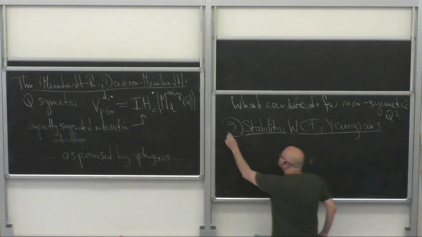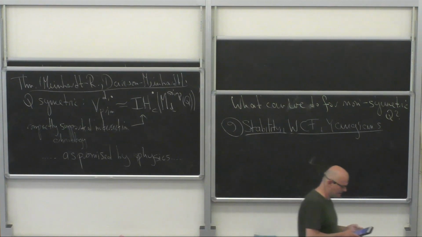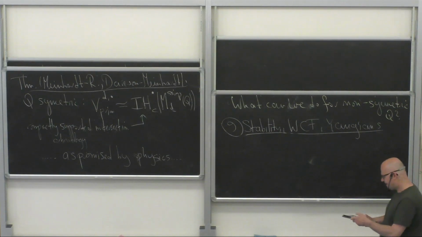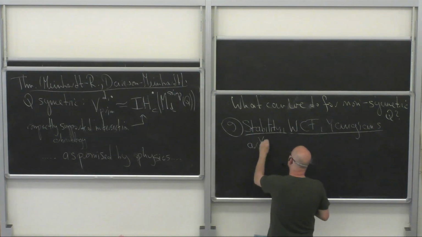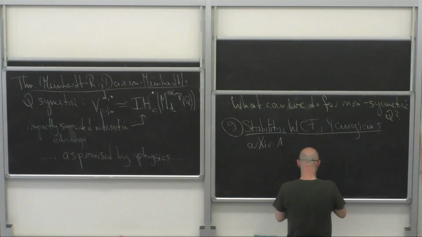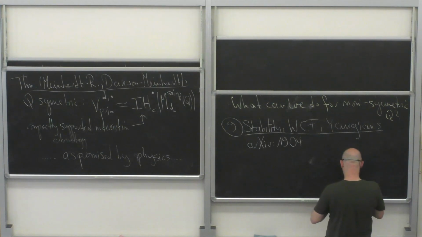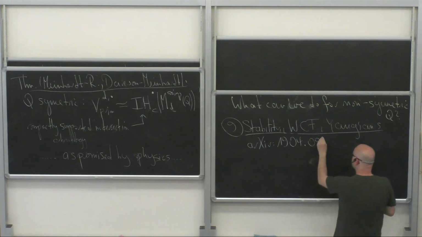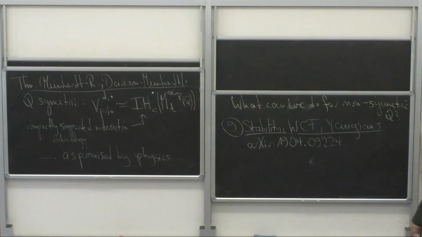Now finally I should tell you what is the reference for everything I'm doing here. I gave a very short introduction to CoHAs in the following paper, which is on the arXiv, 1904.09224, together with Hans Franzen, on the cohomological Hall algebra of the Kronecker quiver.